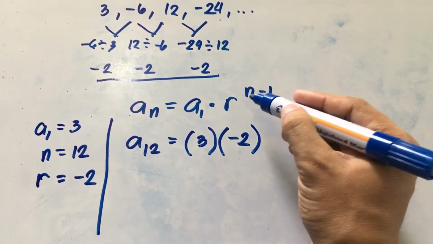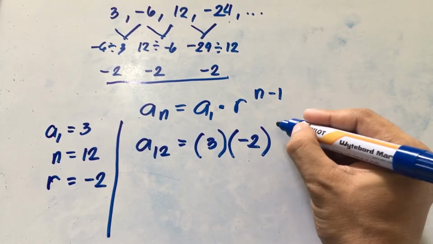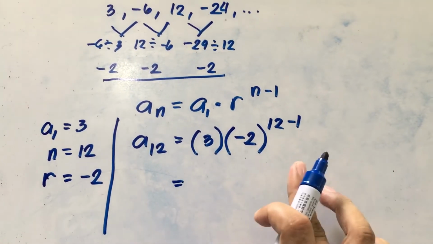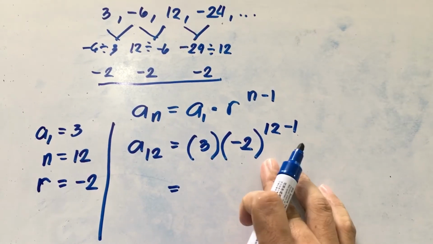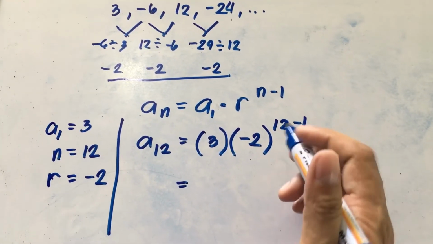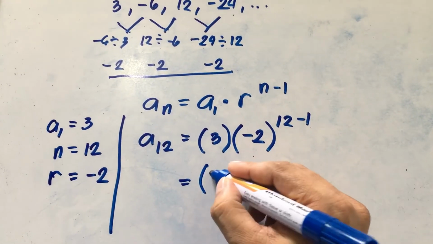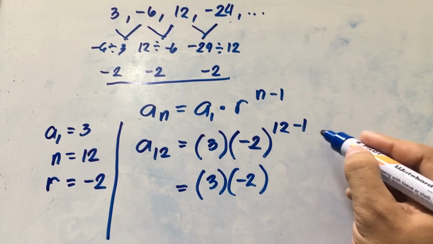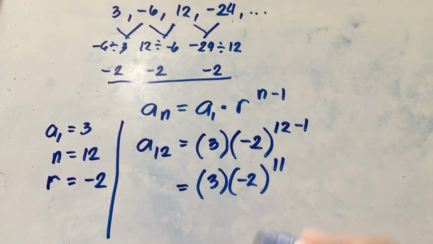And then you have your n, which is 12, minus 1. If you can still remember, the first step is we need to simplify first the exponent, 12 minus 1. So copy the 3, copy as well the negative 2, 12 minus 1, that is 11.